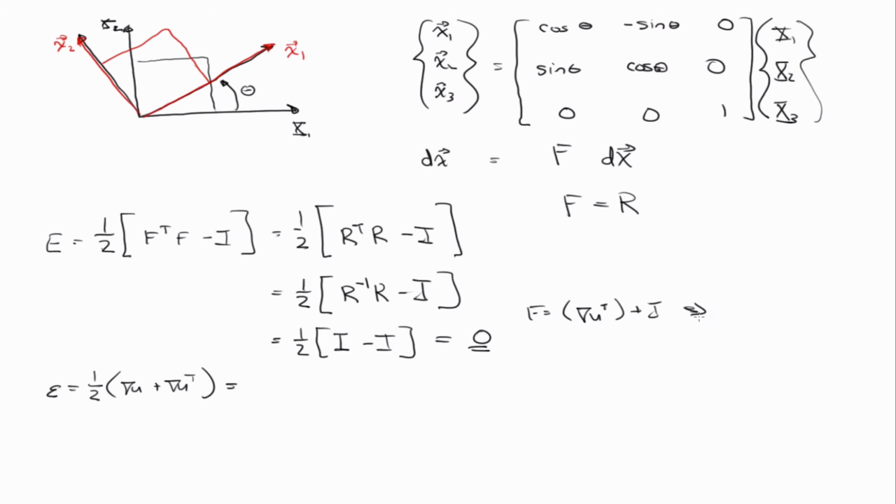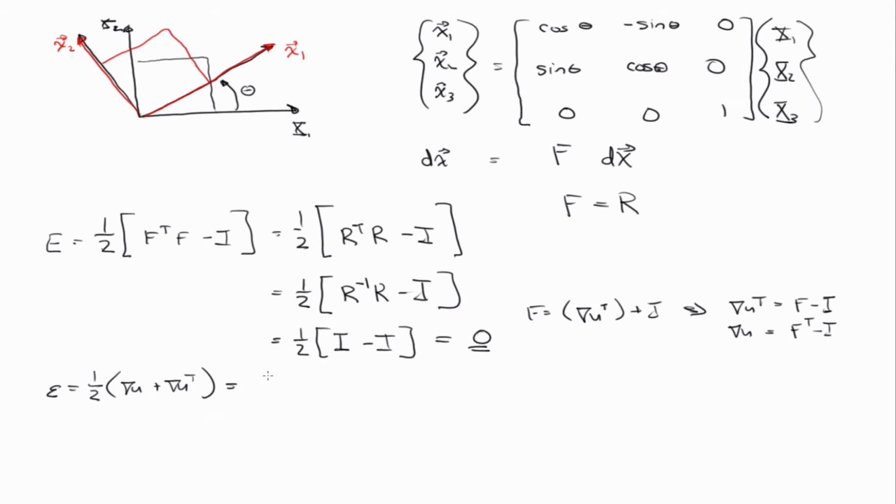So we could solve that for grad U transpose. So grad U transpose is F minus I. Right? And grad U is F transpose minus I. Right? So if I then plug this definition in, because I want everything in terms of F, because F is equal to R. Right? So I want to get everything in terms of F.